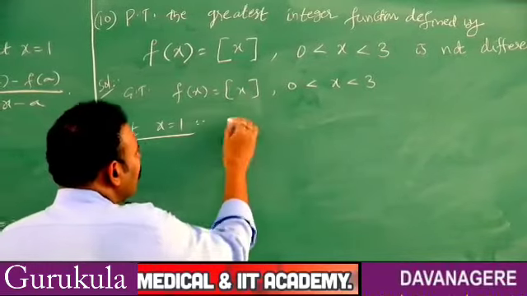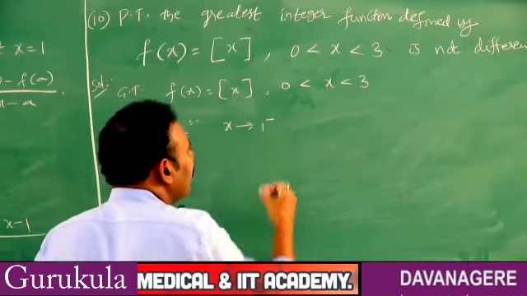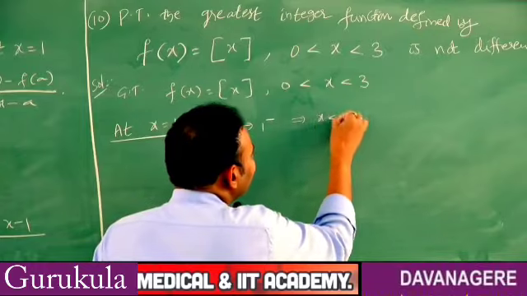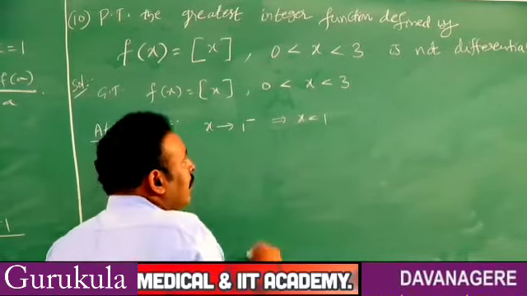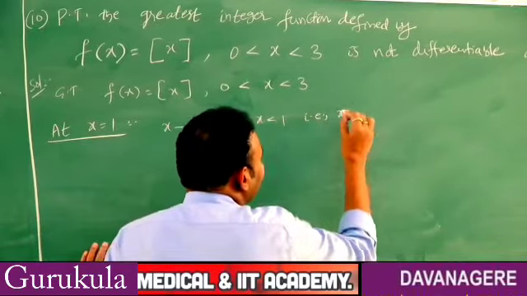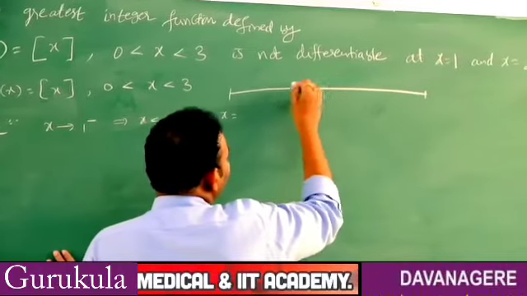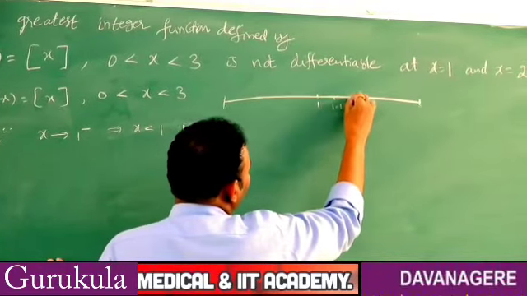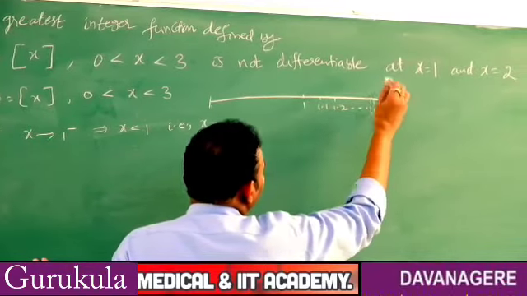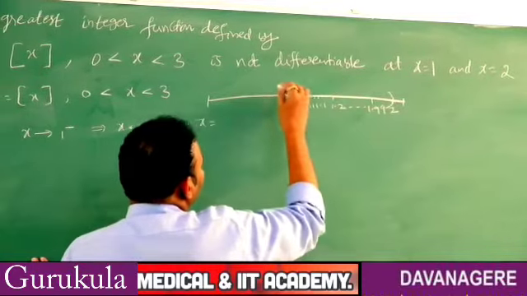At x is equal to 1, suppose x tends to 1 minus, means x value is less than 1. Here 1 is there, so its neighborhood is 1.1, 1.2, 1.999, this is 2, we can leave it.